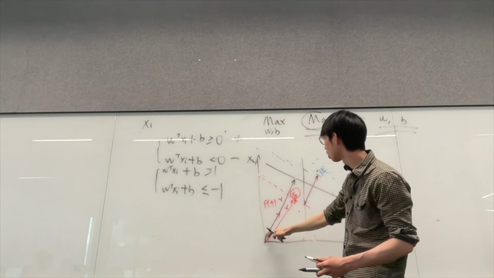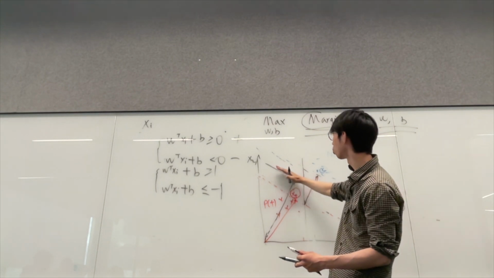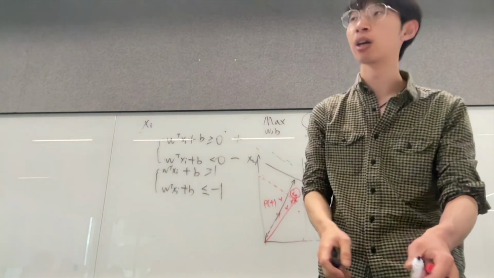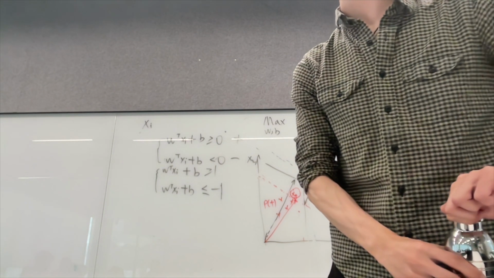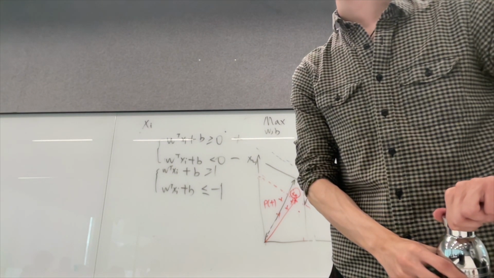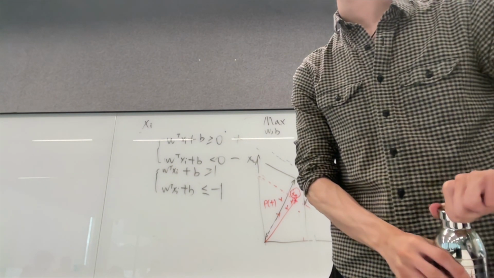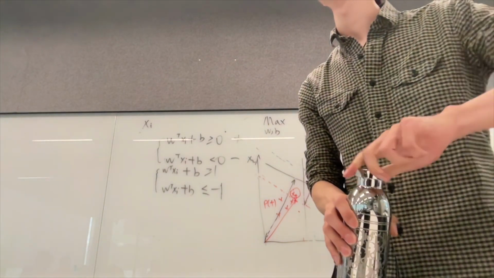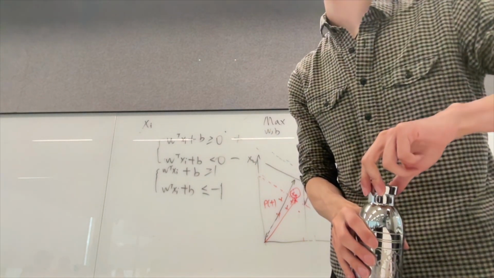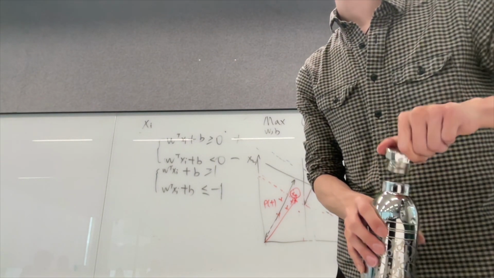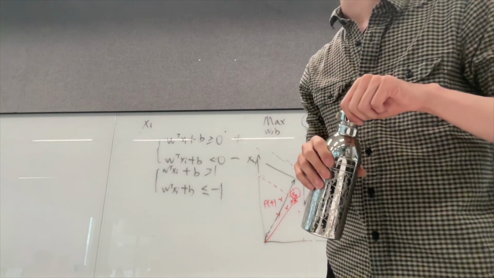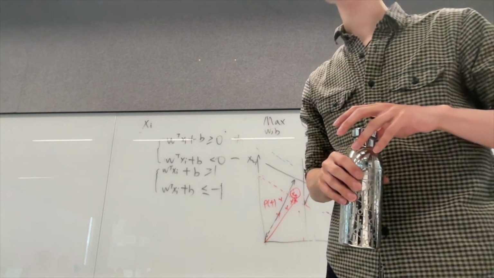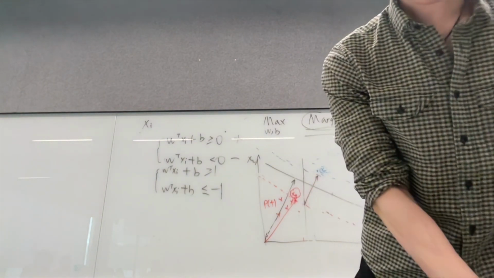Then I want to find a vector perpendicular to this line. What would be this line? Its slope would be, yep, their slope product would be minus 1. So we can calculate the equation from there. For example, this line's slope and this line's slope, their product would be minus 1, and it's passing through the origin. We can write the equation for this line.